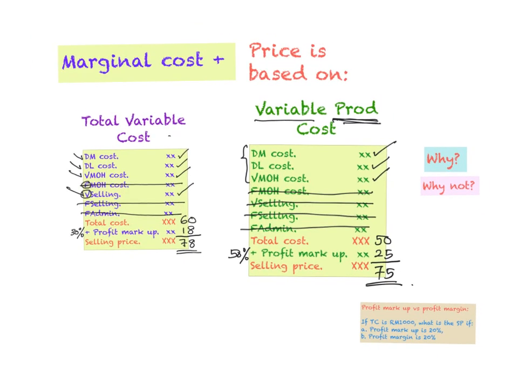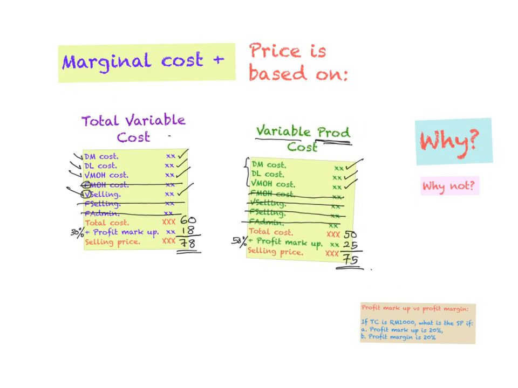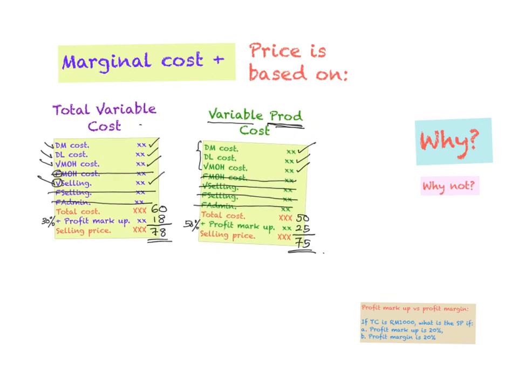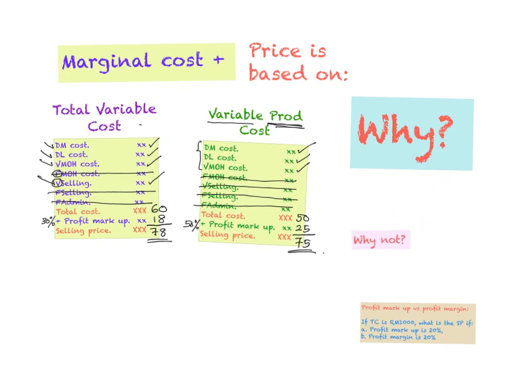So now we want to see why we actually use variable production cost when obviously it will give you the lower price. Why do companies use marginal cost plus? This is the reason. When we just look at the marginal cost, then we are actually talking about contribution margin.